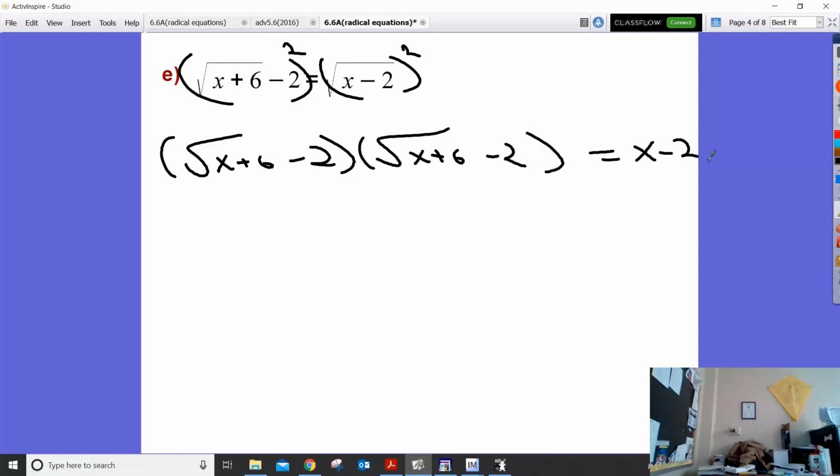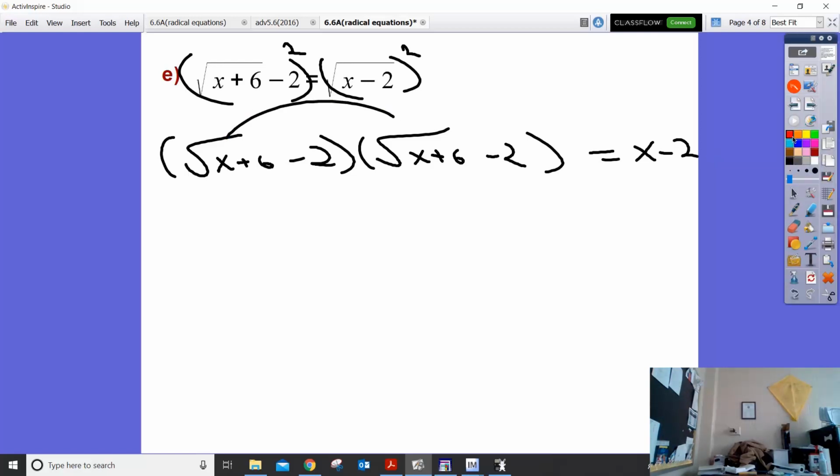You FOIL, kids. You've got a root of x plus 6 times root of x plus 6. You do the FOIL technique. This is root of x plus 6 times root of x plus 6. Not 2 roots.